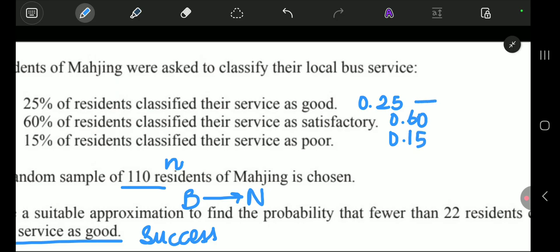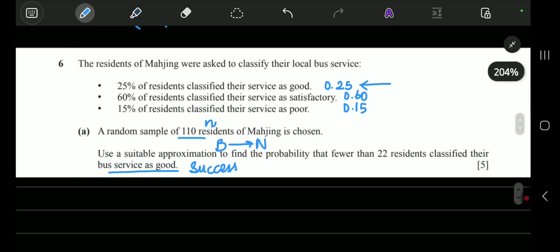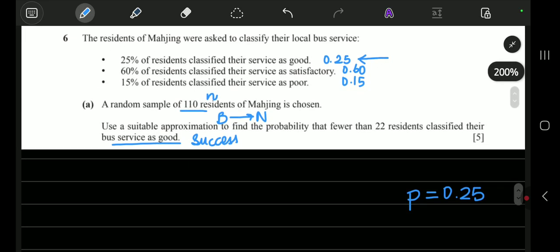So here we are just going to use 0.25. If success is 0.25, we are not concerned with the rest, satisfactory and poor; we are just concerned with the failure. So the rest of it will be failure. So 0.75 is going to be failure according to this part of the question. And we already found n to be 110.